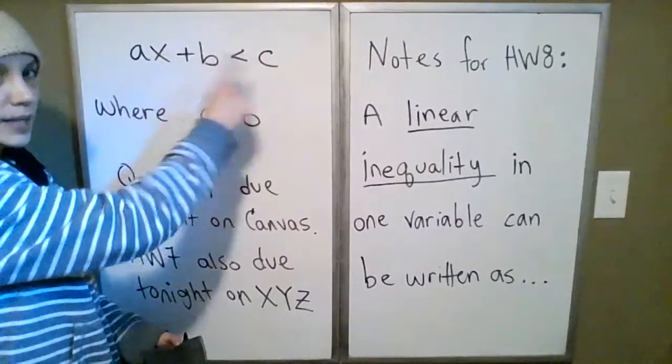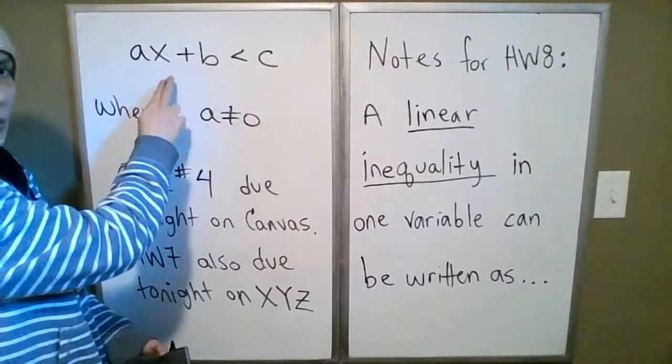A, B, and C are real numbers, X is your variable, and A is not 0.